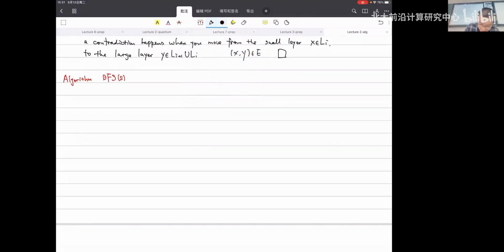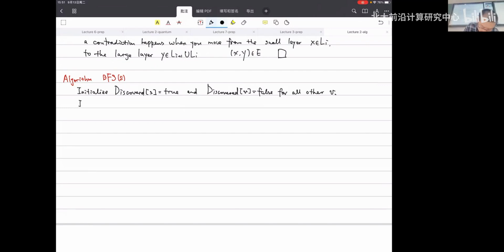So we do something like this. We keep a data structure called discovered. We initialize the entry discovered of S to be true, and discovered of V to be false for all other V here.